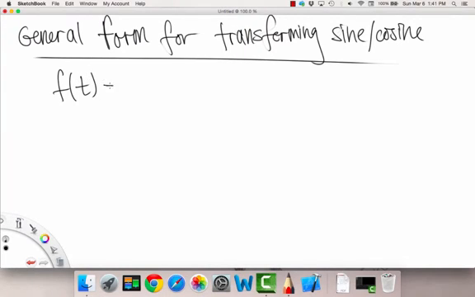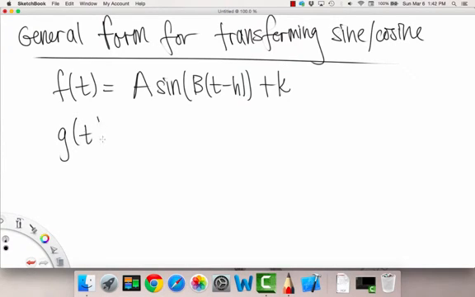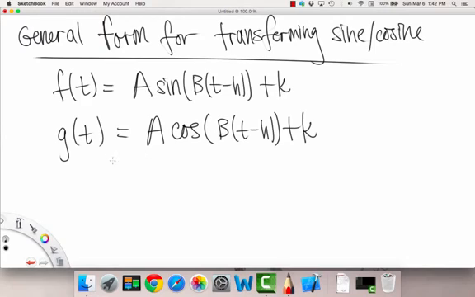I'll just use t's. f of t is equal to a, we're just going to put it all together, sine of b times t minus h, and then plus k. And it works exactly the same for cosine as well. The same transformations hold. So a times cosine, we just switch that in there, b times t minus h, and then plus k.